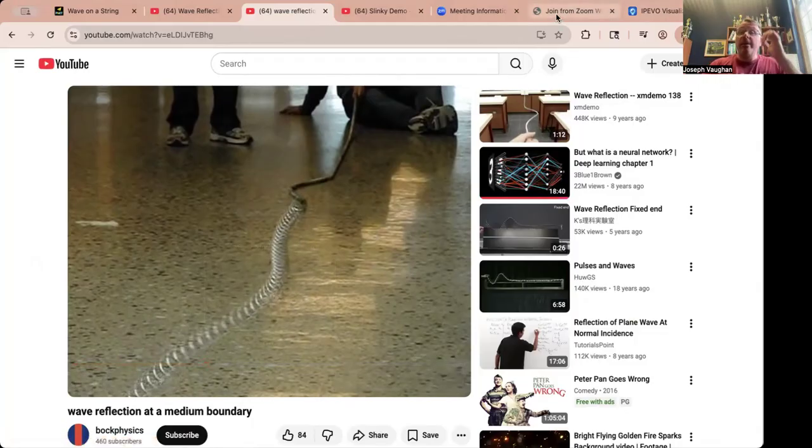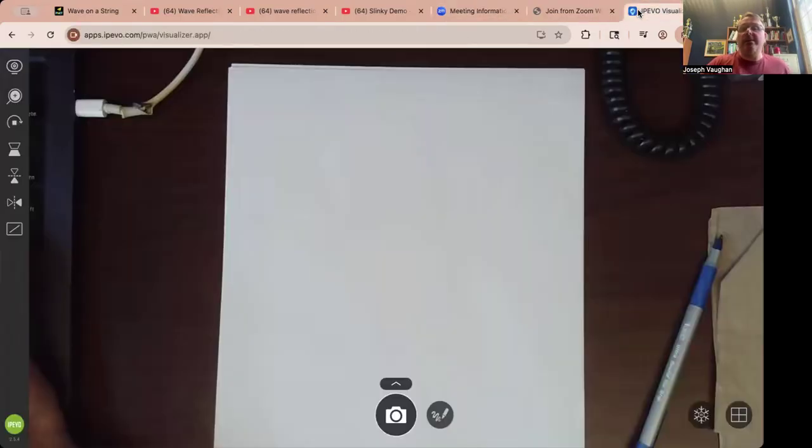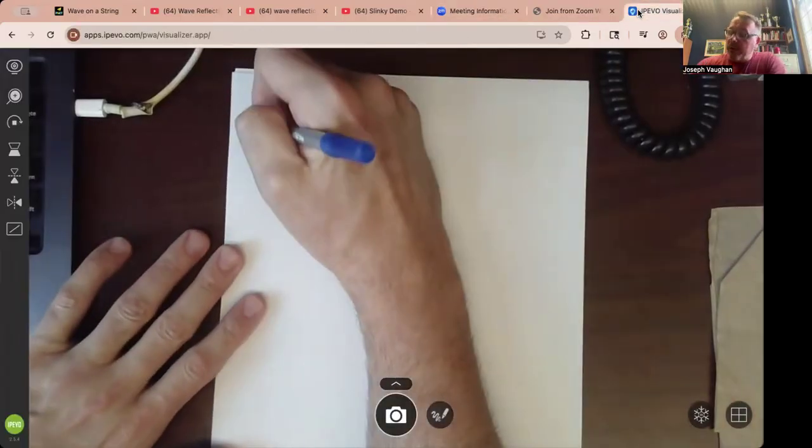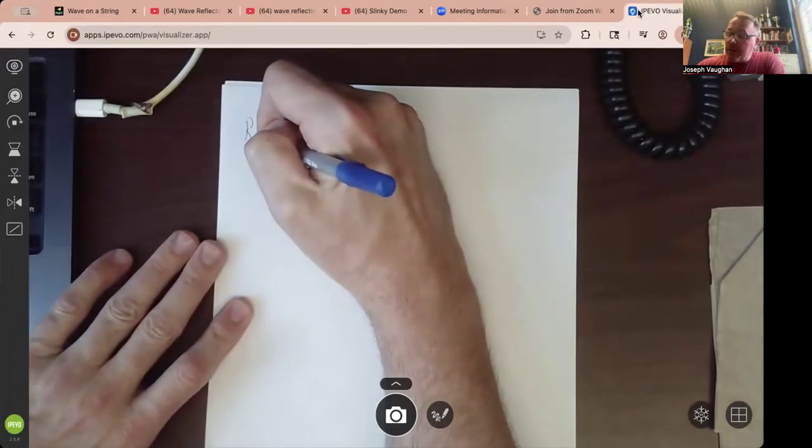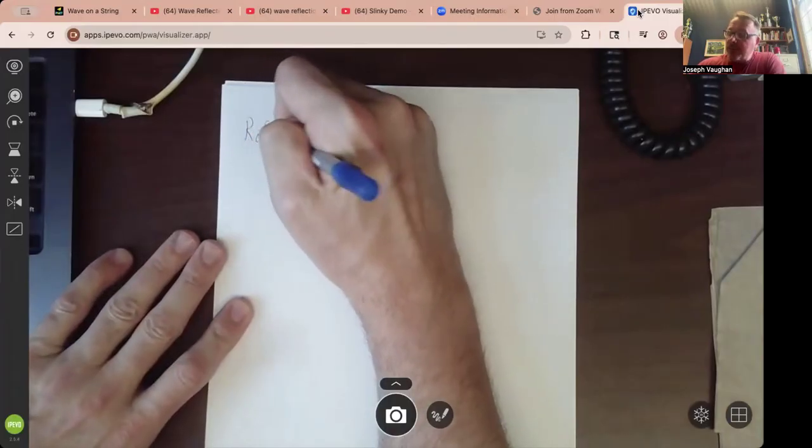We're going to take this down and take some notes based on this now. All right. So the first property is called a reflection.